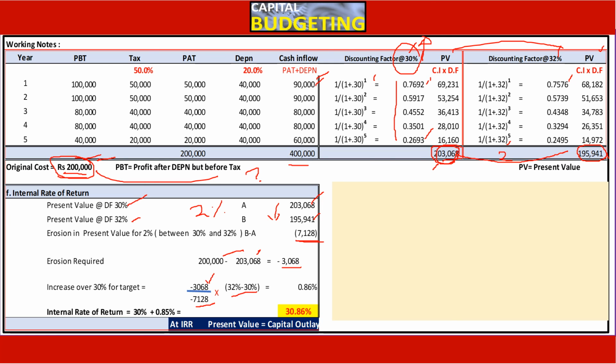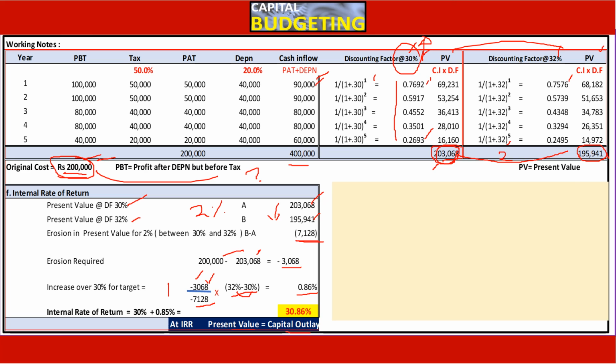We just put the simple mathematical formula: my target is 3,068, and the working is giving 7,028. How much should I lose within this 2%? It is 0.86. Means this is 30. If I add 0.86, that will bring my present value to the capital outlay.